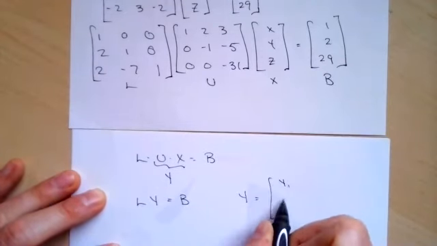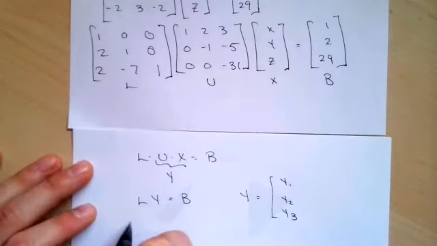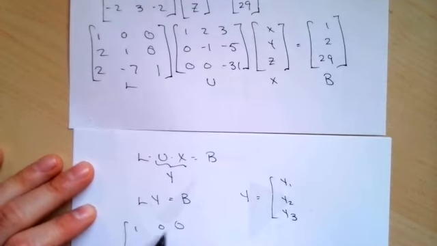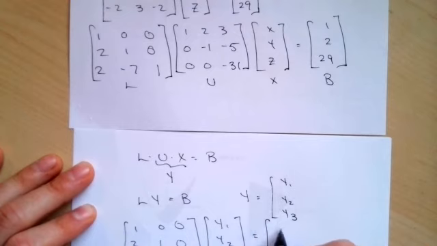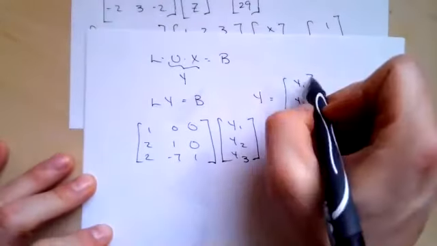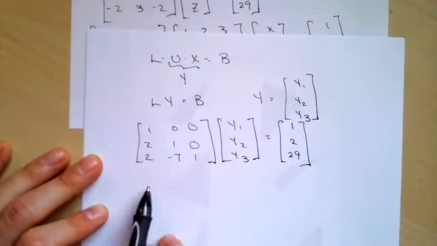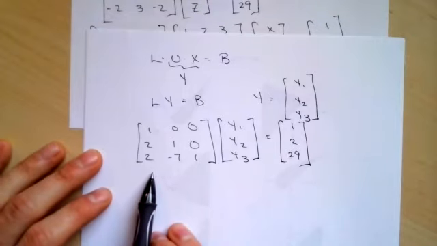And if we give Y some generic variables, y1, y2, and y3, then now all we have to solve is this one first, which we can do fairly easily because of the lower triangular nature of this.